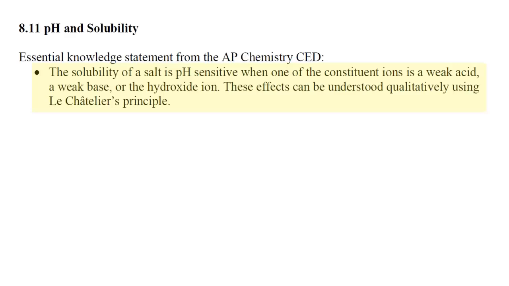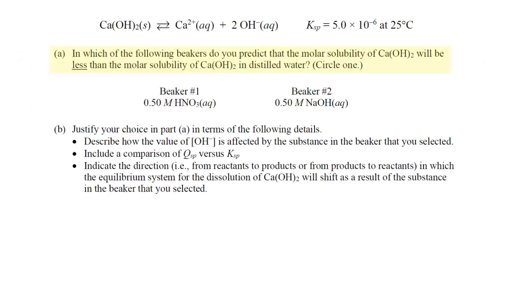So we do have a substance that contains the hydroxide ion, that's calcium hydroxide, and it will be affected by either the presence of a strong acid, such as nitric acid in beaker number 1, but it can also be affected by a strong base, such as sodium hydroxide in beaker number 2.